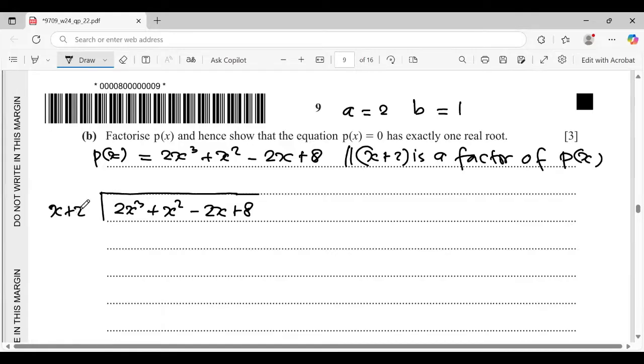So x plus 2 times 2x squared becomes 2x cubed plus 4x squared.